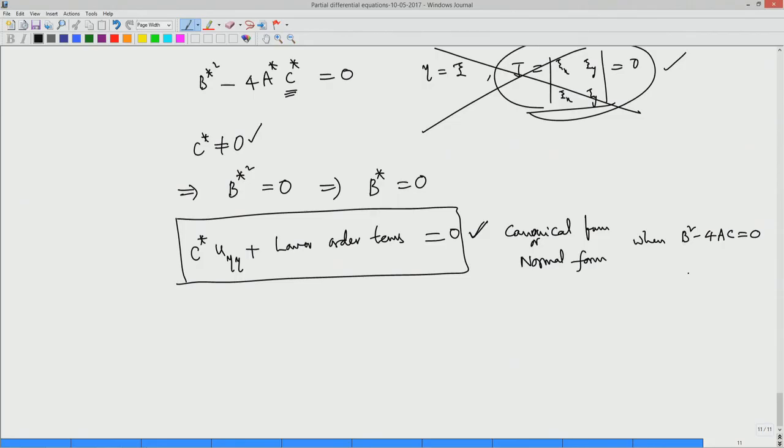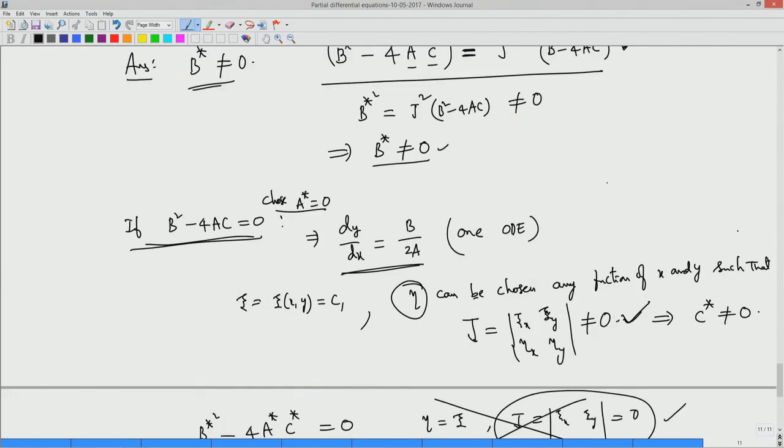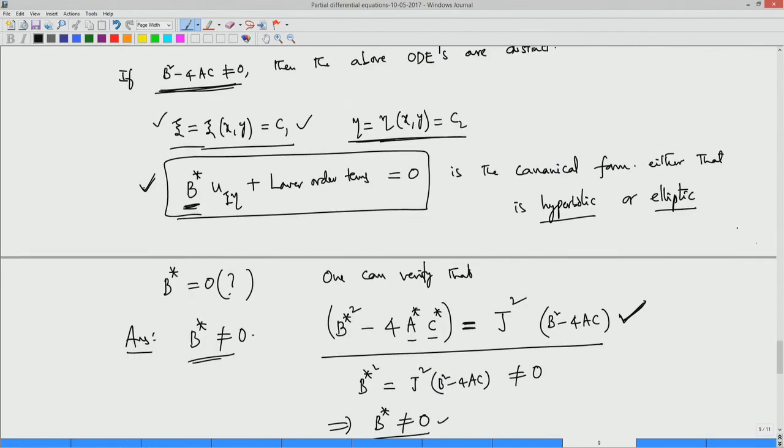When you reduce, you can see that this is something similar to a parabolic equation, we will see what it is, or the heat equation. In this case this kind of form is called a parabolic form, parabolic equation; this is similar to the parabolic equation or heat equation. When the discriminant is non-zero, this is how you can see the canonical form.